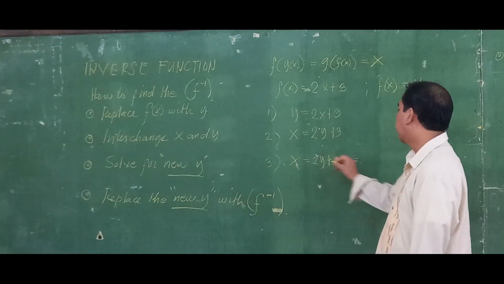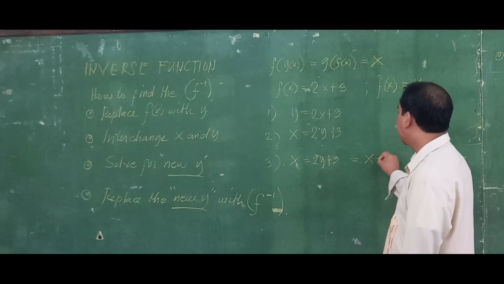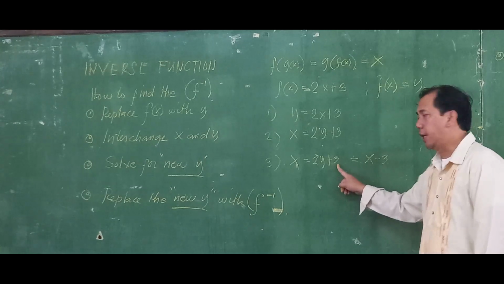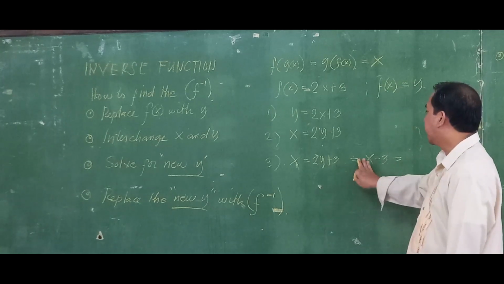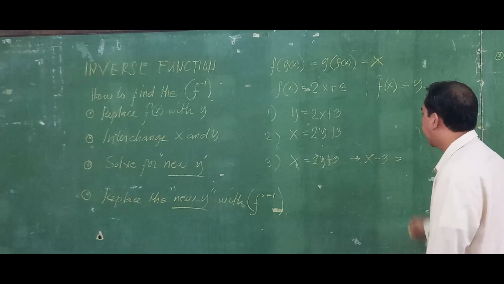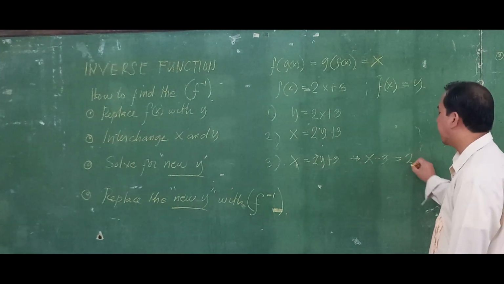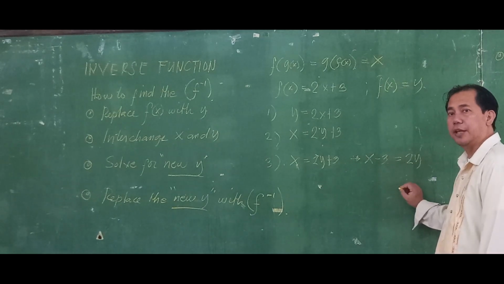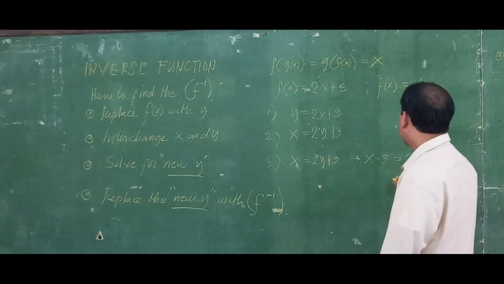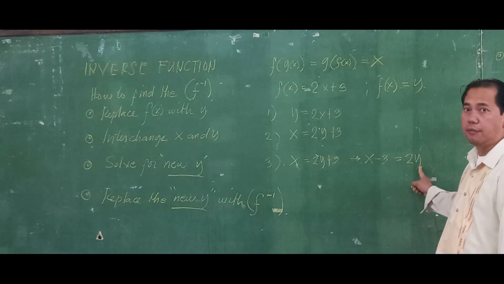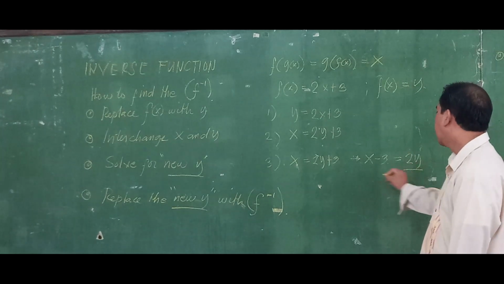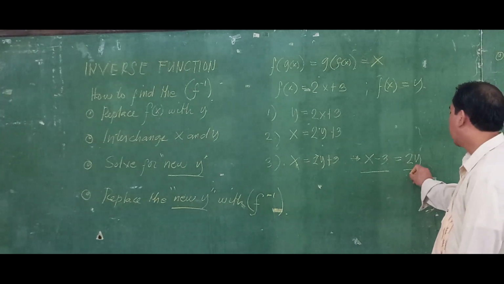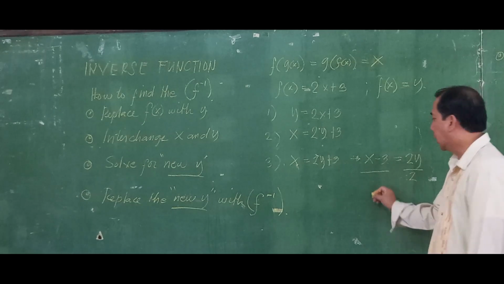Meaning, your x must be deducted with 3. After that, you notice that that is equated to what is left at the other side, 2y. Now, what are we looking for? The value of y. So what are you going to do? Divide by 2, so that y will be alone.